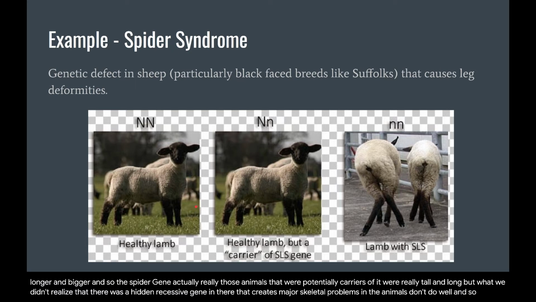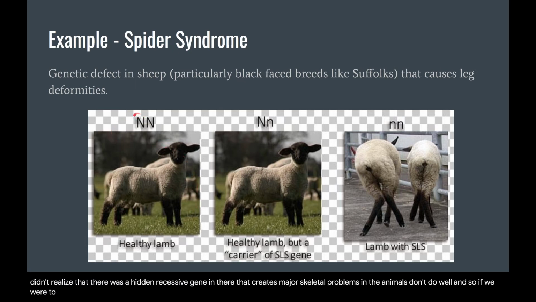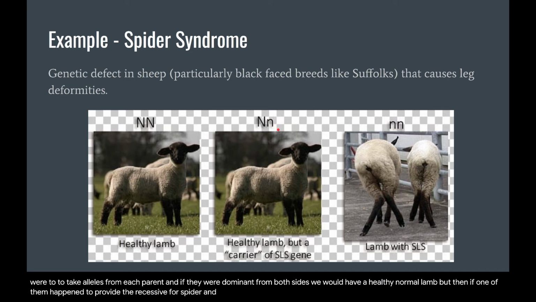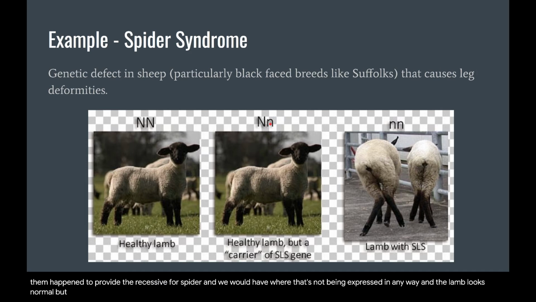And so if we were to take alleles from each parent, and if they were dominant from both sides, we would have a healthy, normal lamb. But if one of them happened to provide the recessive for spider, that's not being expressed in any way, and the lamb looks normal, but it actually carries the spider syndrome gene.